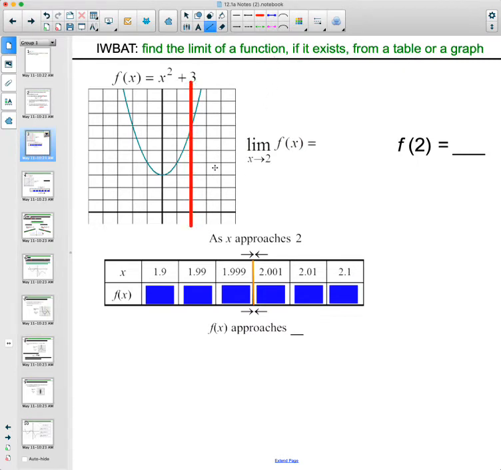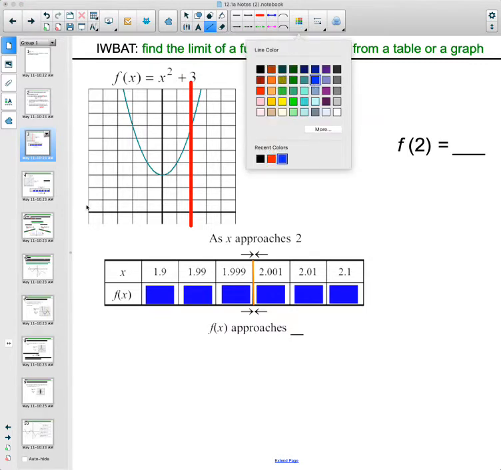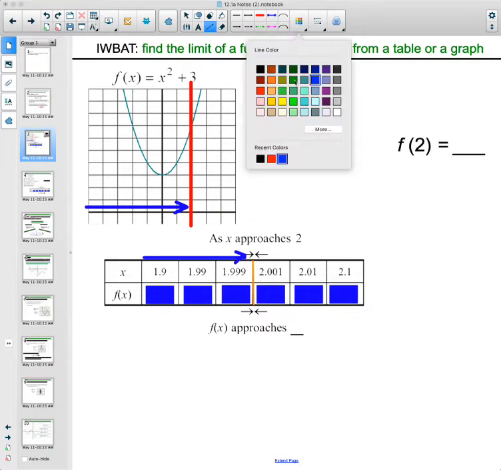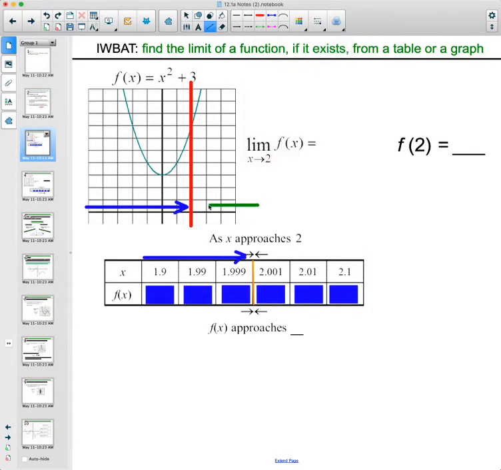What we're talking about is plugging in numbers on this graph that are getting closer to 2 from the left, meaning numbers smaller than 2, and also numbers getting closer to 2 from the right, meaning numbers bigger than 2.